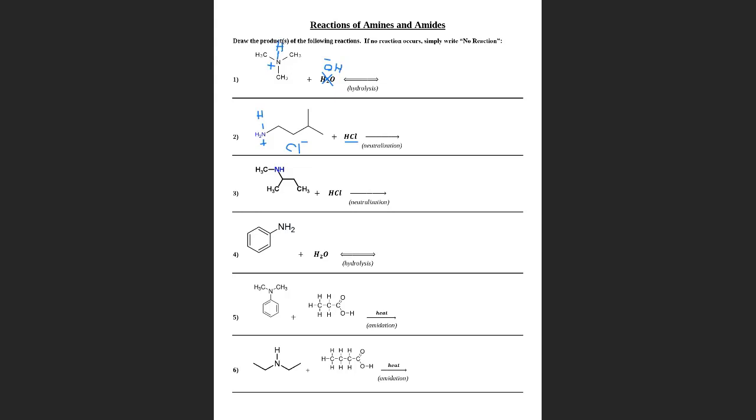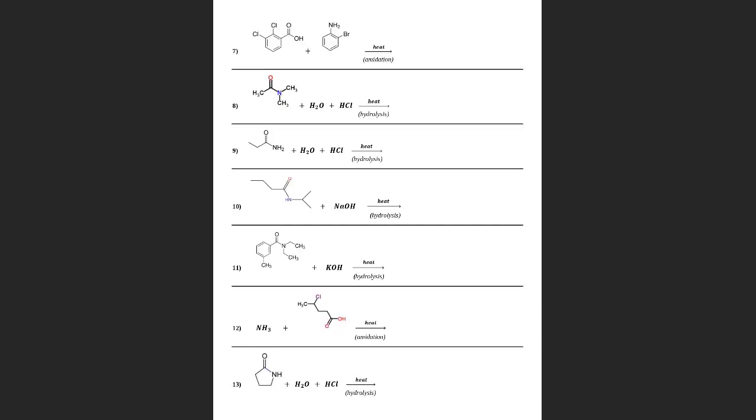You can also get the amidation reaction, which is basically the same type of reaction as the esterification. And then of course you can also get the opposite of that, the hydrolysis of an amide, which is basically you split it along those things and you end up getting the carboxylic acid or the carboxylate.